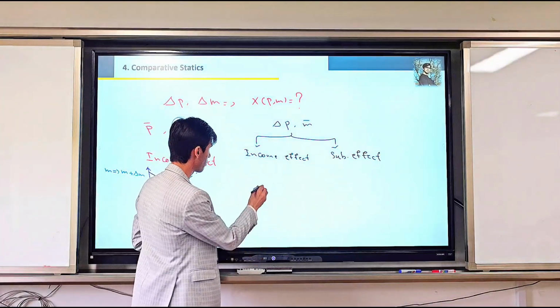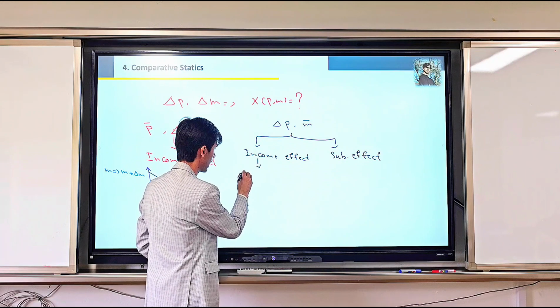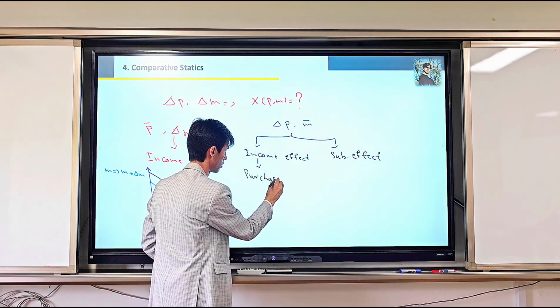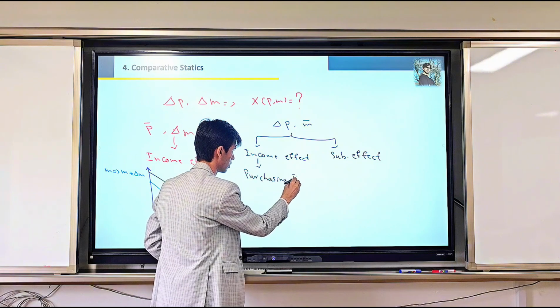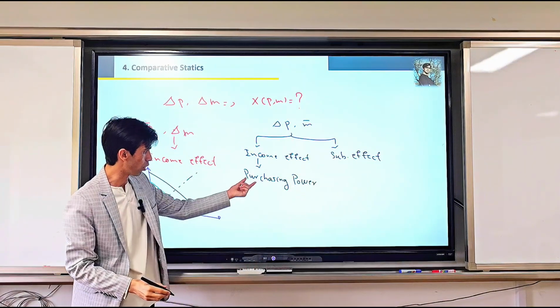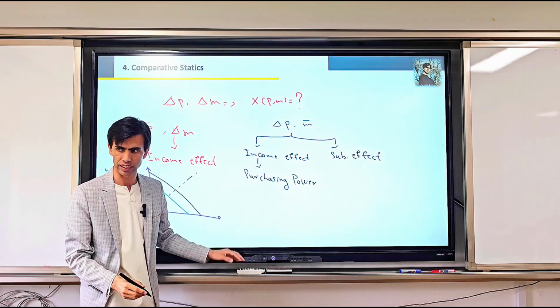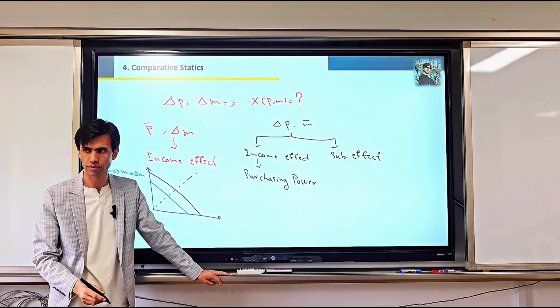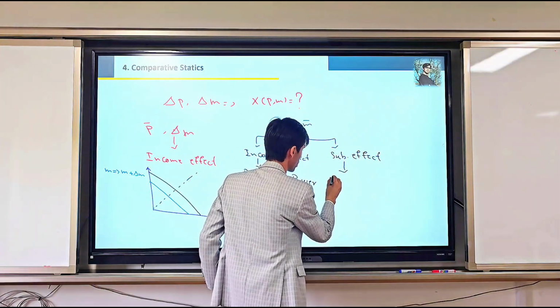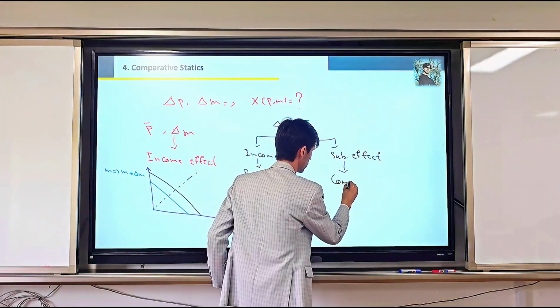Why do we have income effect here? Because now the purchasing power changes. Due to the change in our purchasing power, we have income effect. And why do we have the substitution effect? Because of the comparison of prices.